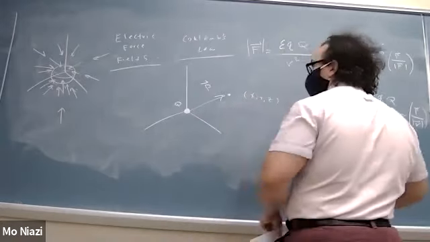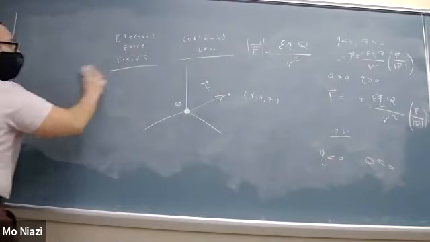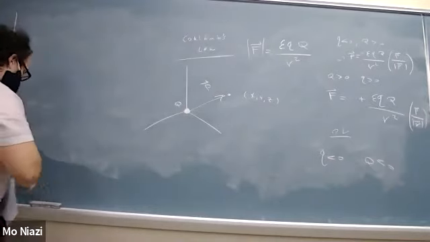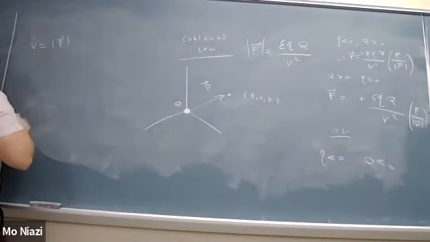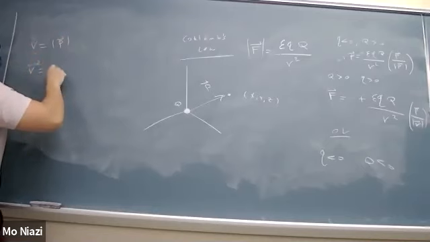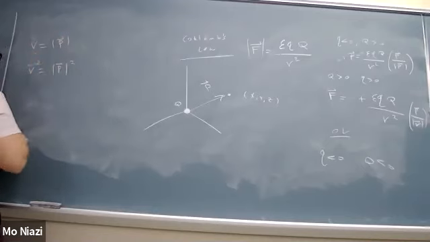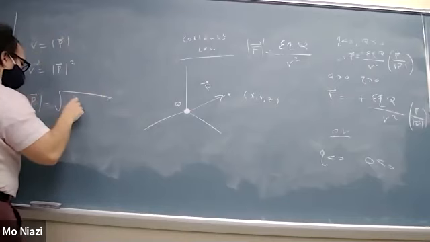And just like last time, with the gravitational field, we could just say let R equal the magnitude of the position vector. That means R squared equals the magnitude squared.